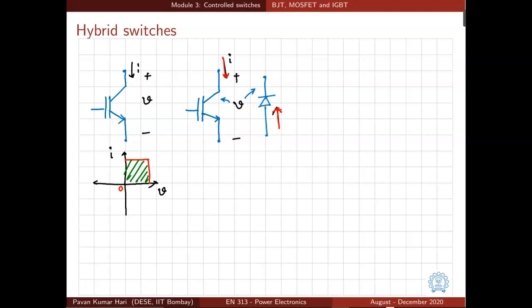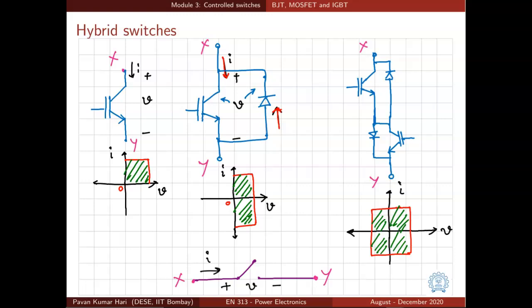So if you join these two devices like this, you will have a new switch which can conduct in either direction but block only in one direction. So when you connect an anti-parallel diode with an IGBT, it facilitates current conduction in both directions, and both the IGBT and diode can block positive voltage. That is what is represented by this second figure, the VI characteristic.